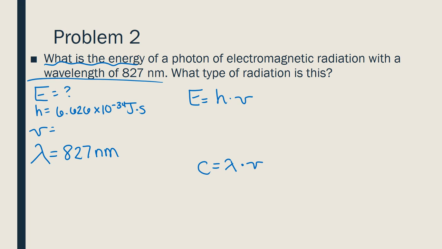First, we work with our formula that c is equal to lambda nu. I know that my c is 3 times 10 to the 8th meters per second. We can find frequency by dividing by lambda, where frequency is the speed of light divided by wavelength.